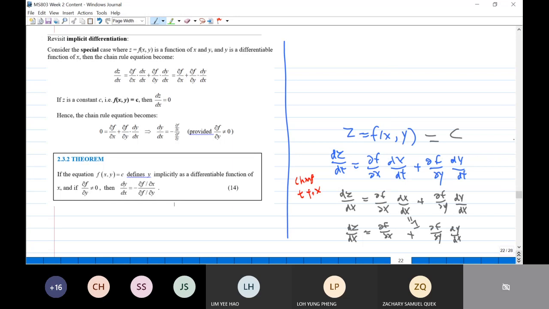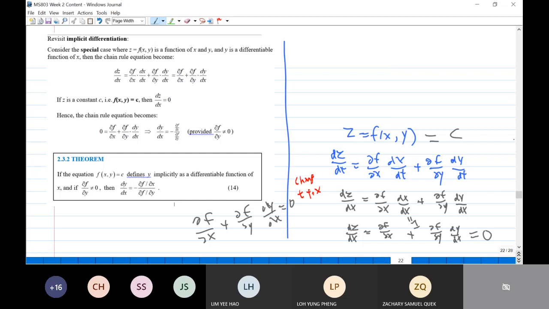Therefore, you differentiate dz dx, you expect to be 0. So then you have df dx, partial differentiation with respect to x, plus partial differentiation with respect to y, dy dx equals 0.